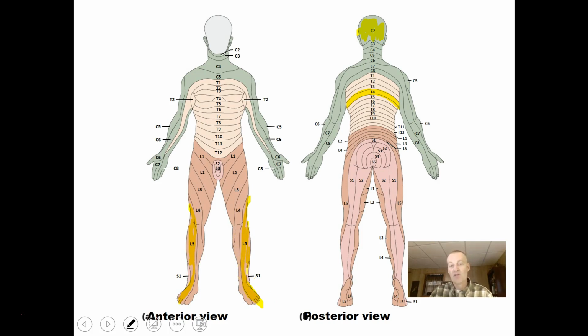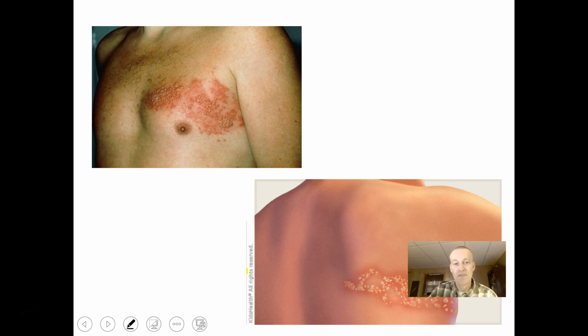So it's important that you understand that there are dermatomes, so that if a patient comes in and they have some kind of a loss of sensation in a particular area, you may be able to find that spinal nerve and understand that spinal nerve and maybe be able to diagnose a condition. What I like about studying the dermatomes is that by studying shingles, you can see dermatomes.